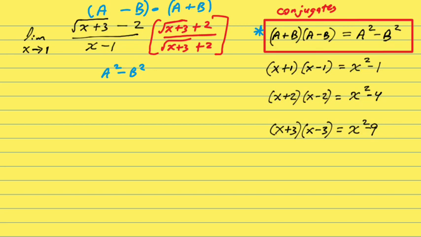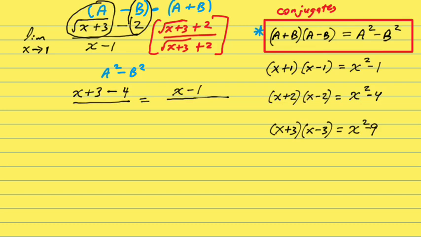Now listen, please. If this is a, what's a squared? x plus 3 minus, because it's minus. What is, if b is 2, what's b squared? Can anybody simplify the numerator?